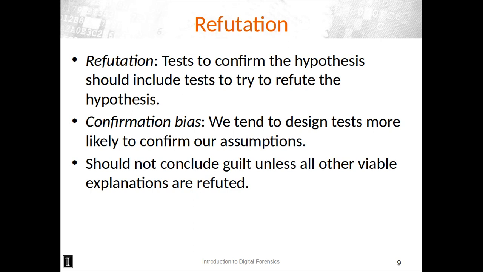And this slide, again, talks about the confirmation bias. I should never conclude that a party is guilty, right, unless all other viable explanations are refuted. Can't prove a thing is true. Can't prove it, generally speaking, because, again, we don't have time machines.